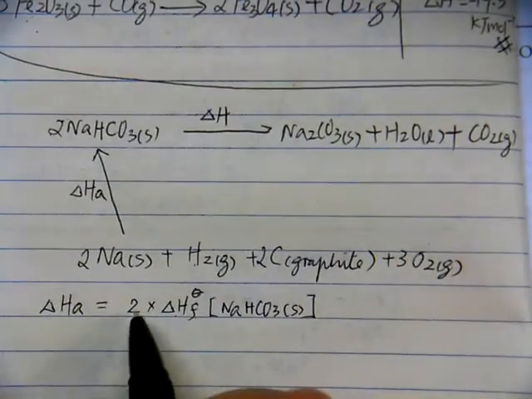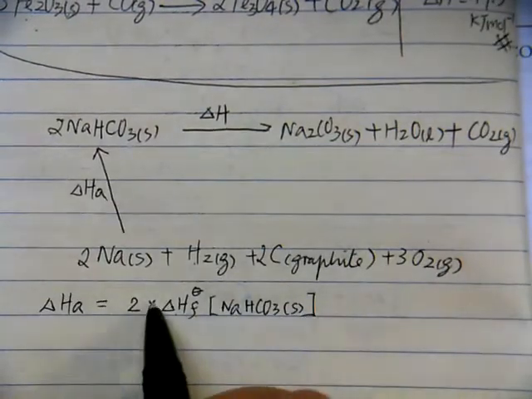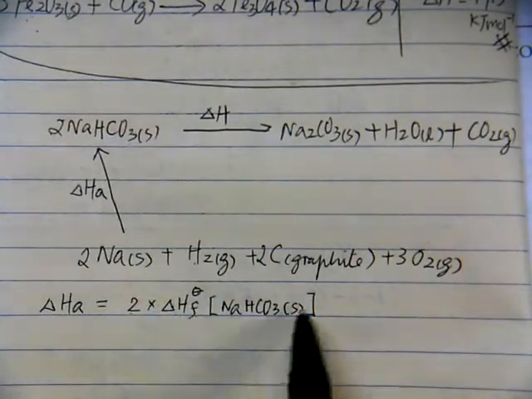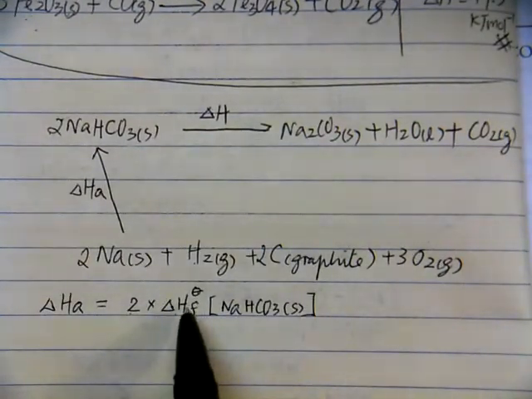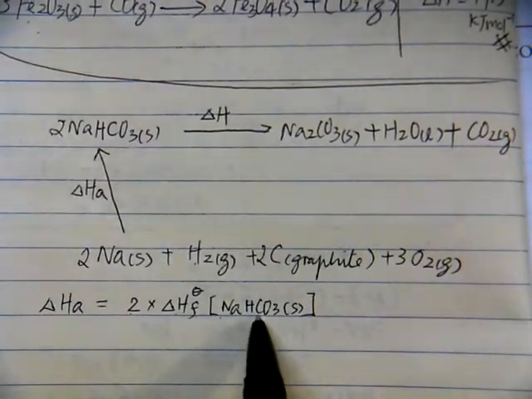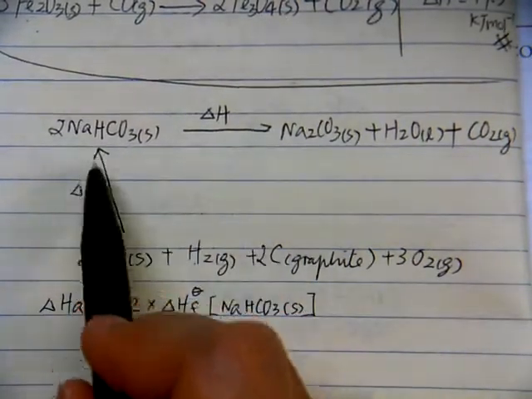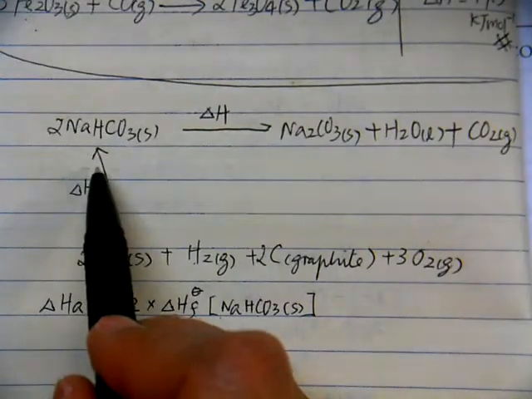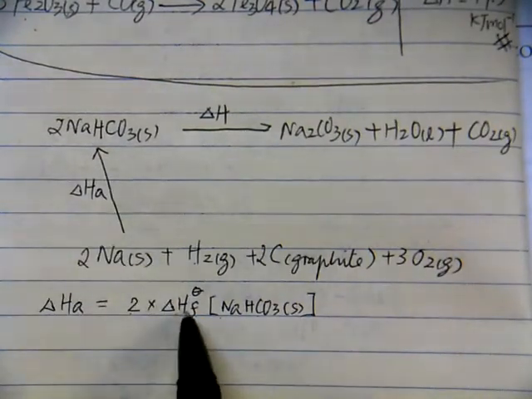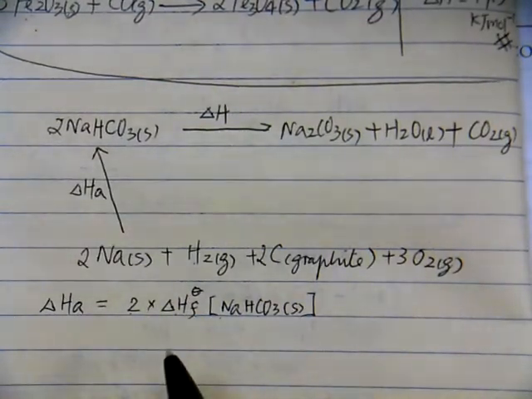Is there any problem? You need to multiply this number by 2, because this number refers to the formation of 1 mole of sodium hydrogen carbonate. However, in the equation, we have 2 moles. Understand? So you need to multiply this number by 2.